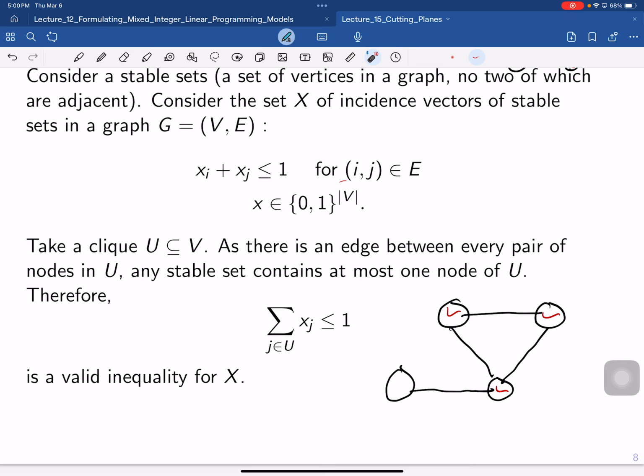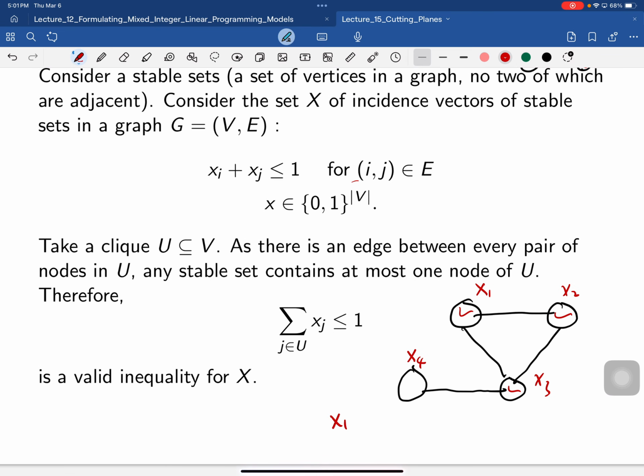Okay. This is called the clique inequality. As you can see, the clique inequality is stronger than the inequalities you have on the edge. Let's assume you have x1, x2, x3, x4. The clique inequality will look like x1 plus x2 plus x3 less than or equal to 1.